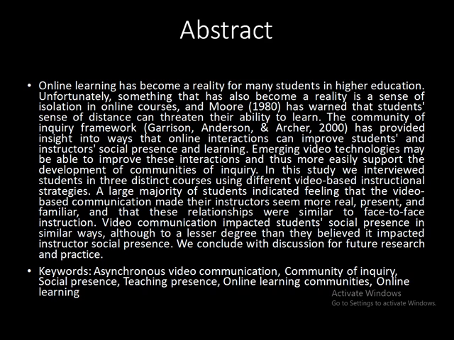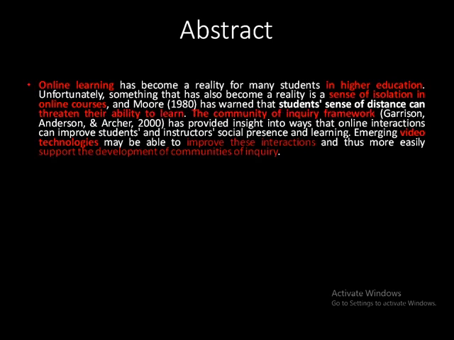Now we break down the abstract. Here in this part, "online learning has become..." This part of the abstract tells us the hypothesis. Here, the author wants to tell us that online learning in higher education causes a sense of isolation in online courses.